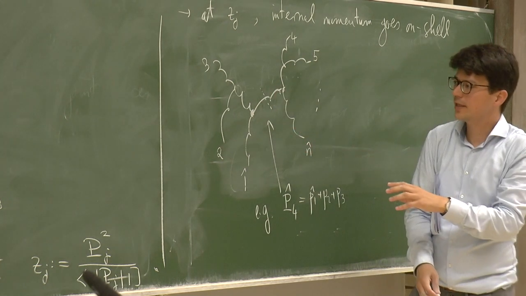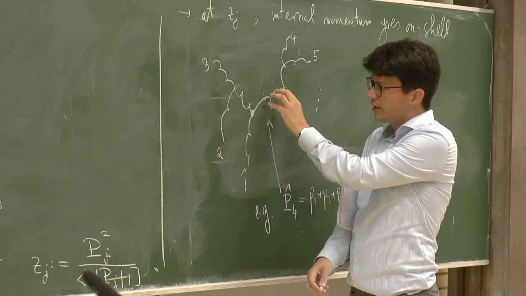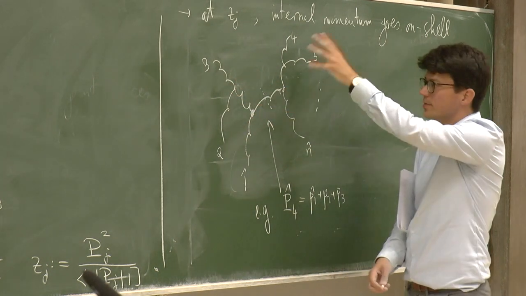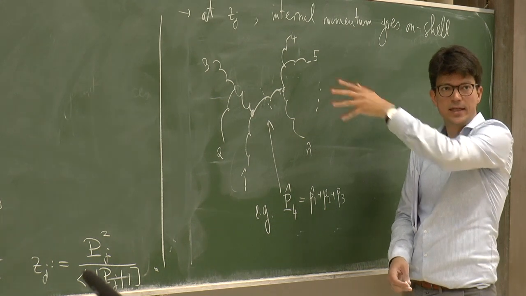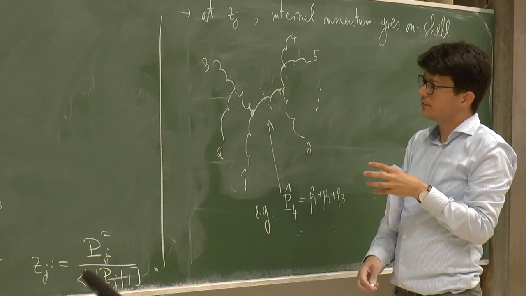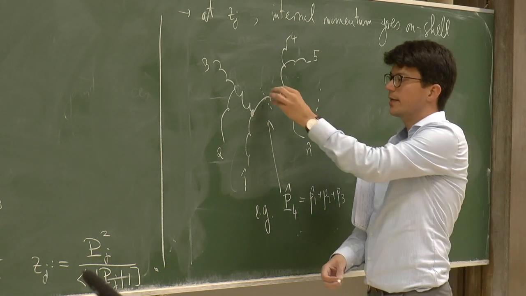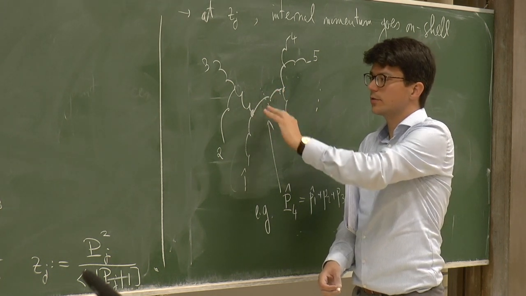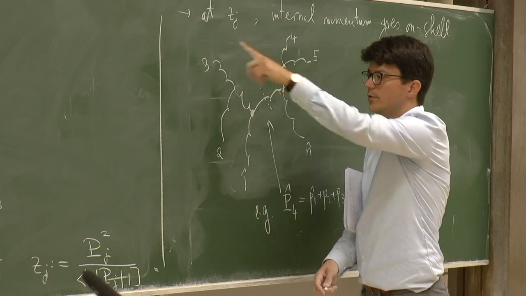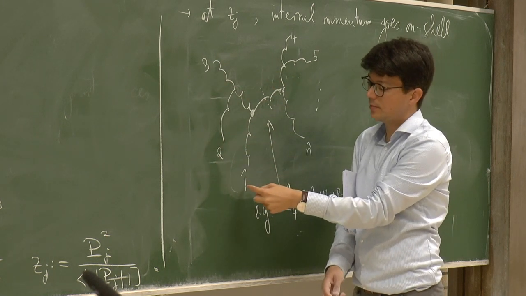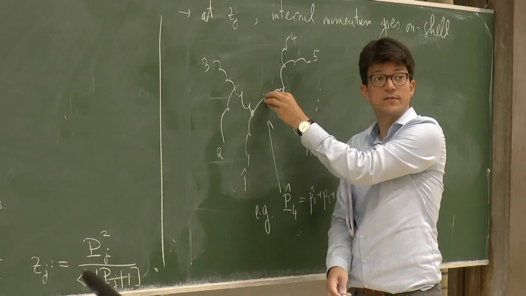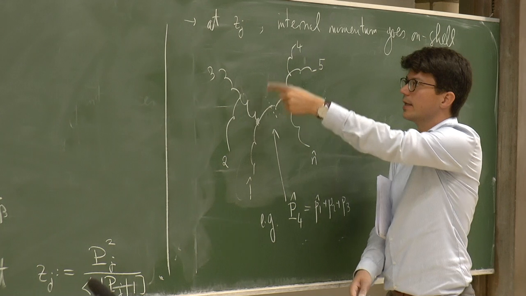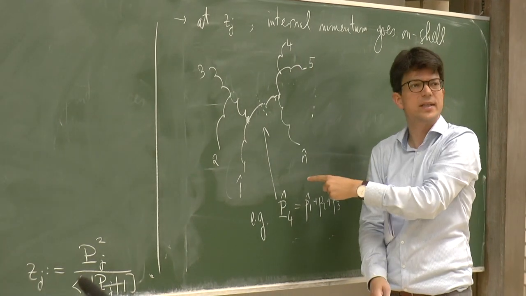In doing so, you complete all possible arrangements of gluons on the left and all possible arrangements of gluons on the right. And you can convince yourself that in this way, by holding this line fixed, you generate all the diagrams that would contribute to some smaller amplitude on the left, which has external particles 1, 2, 3 and this line in the middle, and on the right, this line in the middle and particles 4, 5, and so on, up to n.